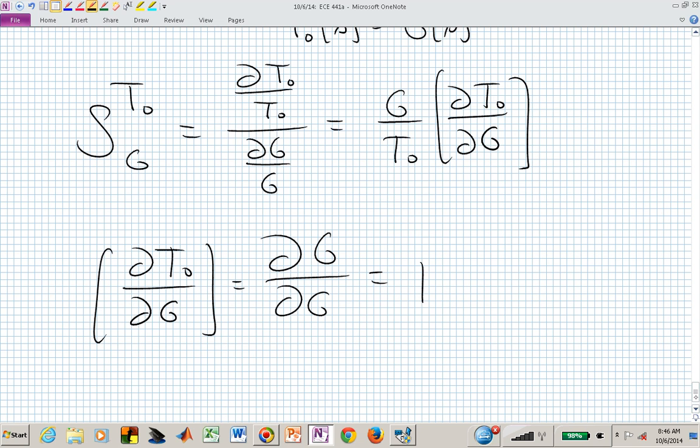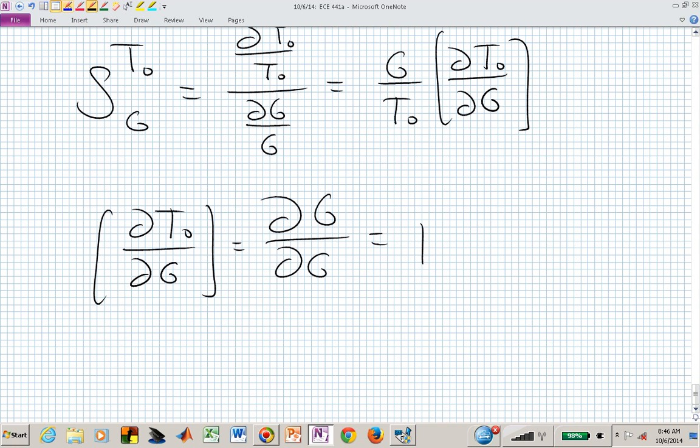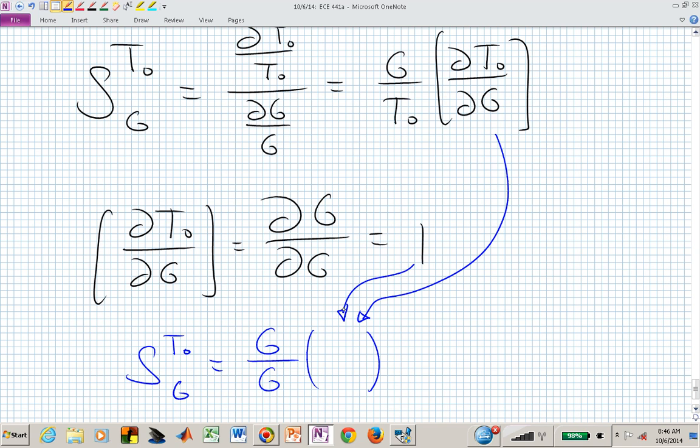So now we can compute the sensitivity of the open loop transfer function with respect to G. That's G over T naught, but T naught was G, times the partial of T naught with respect to G, which was just 1, and there's our sensitivity.